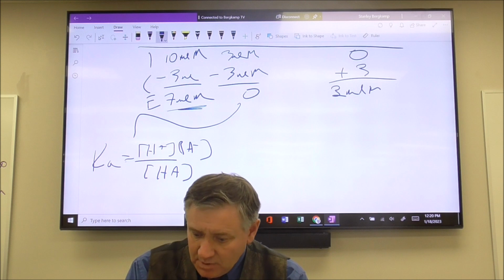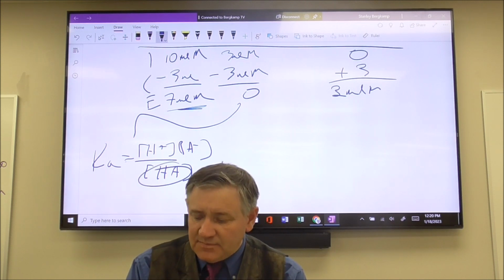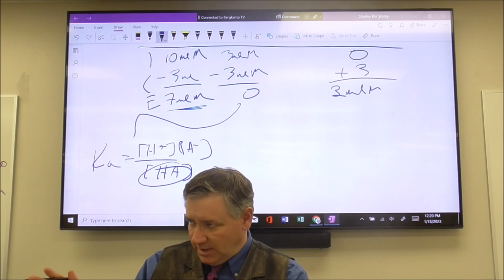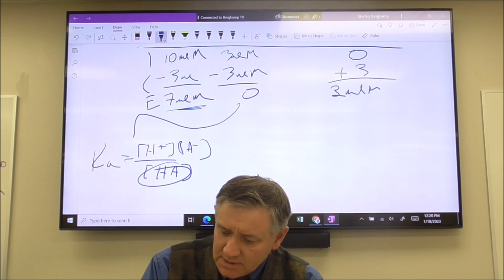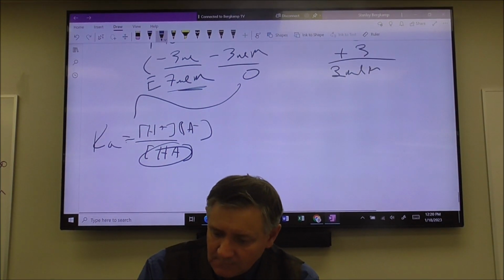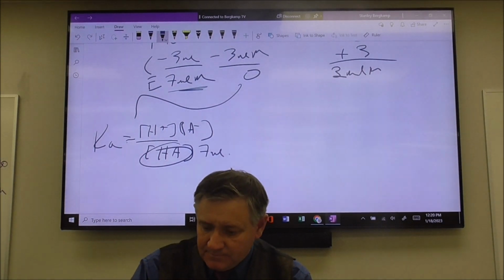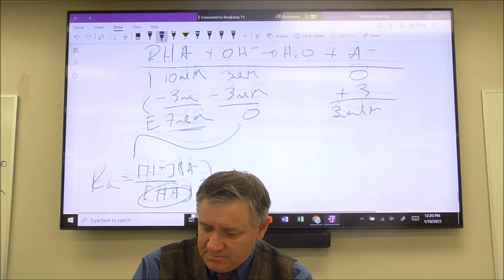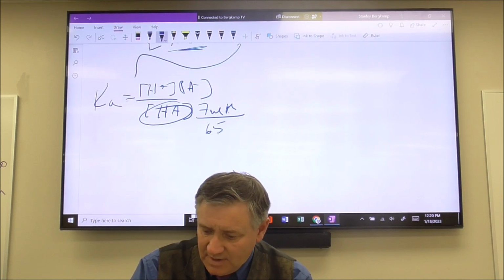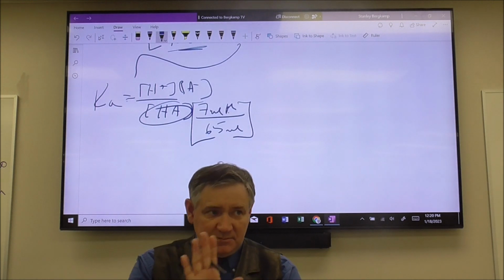I can take 7 millimoles, because that's the remainder of my acid, and divide that by the total volume, in this case 65 milliliters. Now, I'm just going to park that there.